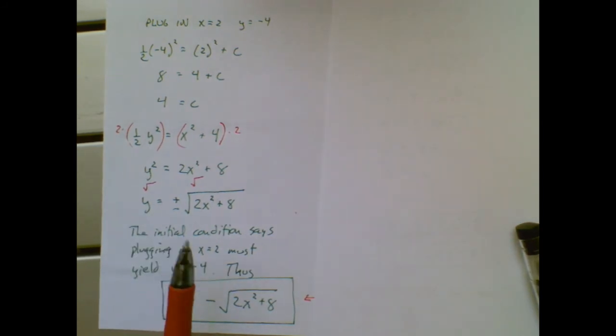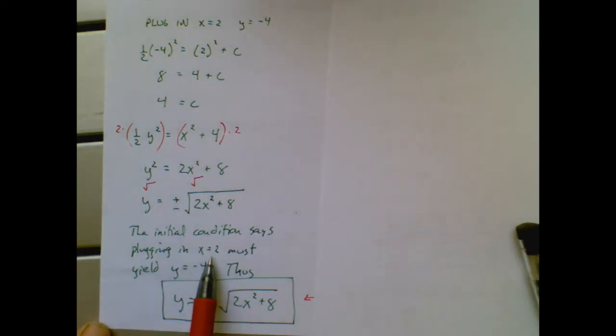However, they told us from the initial condition that f of 2 equals negative 4. Or in other words, when I plug in a 2, I better get back a negative 4. So if I plugged a 2 into here, 2 squared is 4. 4 times 2 is 8. 8 plus 8 is 16. I get a plus or minus square root of 16.